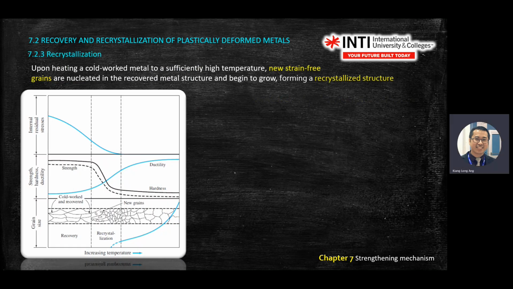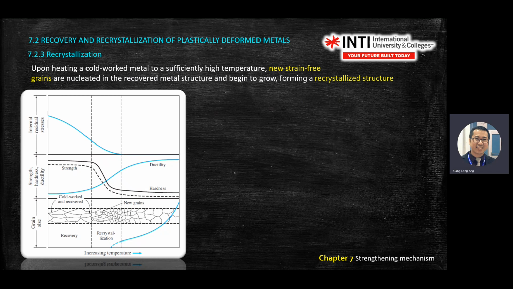Then recrystallization is important. What happens in recrystallization is that new strain-free grains will appear or nucleate in the recovered metal structure. Pay attention: when you explain recrystallization, you need to mention recovered metal structure.